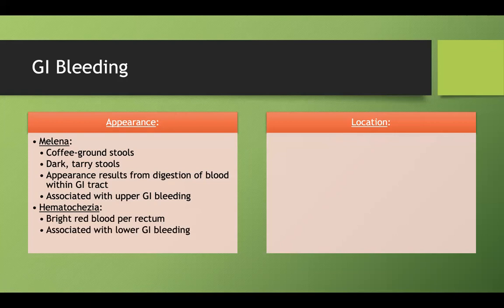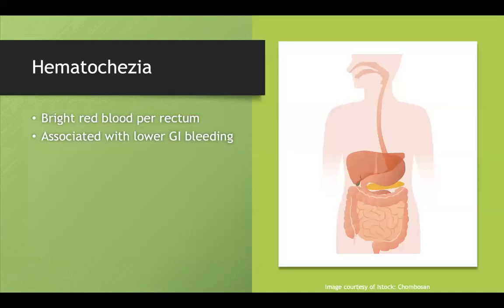And this is more often associated with lower GI bleeding. So again, let's say you have bleeding here in your sigmoid colon from diverticulosis. It will not have that much time to digest from here to the exit, and so you'll often see this presenting as bright red blood per rectum.